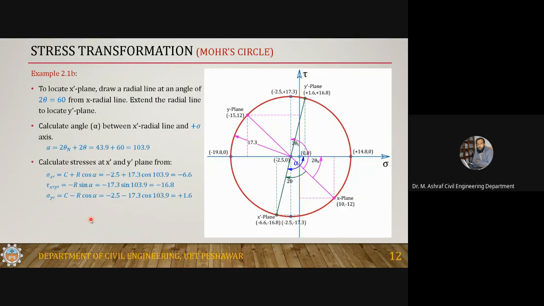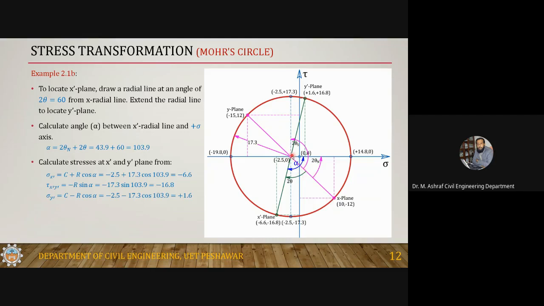Okay. The next thing is to calculate stresses on the X prime plane, which is at an angle of 30 degrees clockwise. So this is the X plane. You will have to rotate from this.